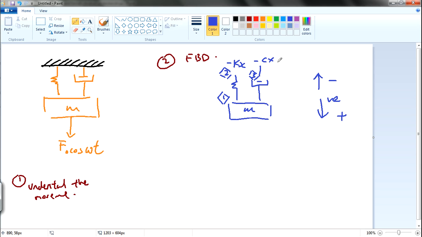In this case, the x itself is the distance moved. And this x is different from the x that we were talking about. It can be this x, but it contains the amount of x distance.